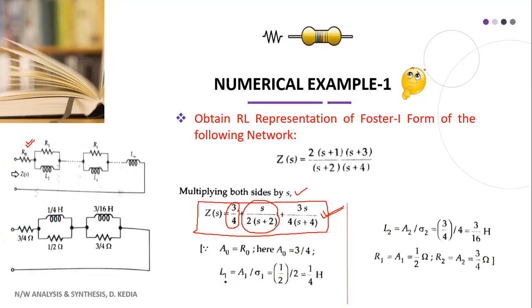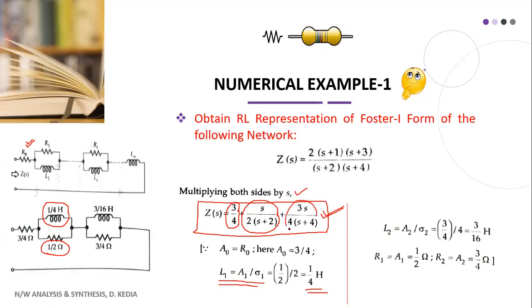Your L1 is nothing but A1 by sigma 1, which comes out to be 1 by 4 Henry. Okay. So your L1 is nothing but 1 by 4. And R1 was your A1, which gives us 1 by 2 ohm.